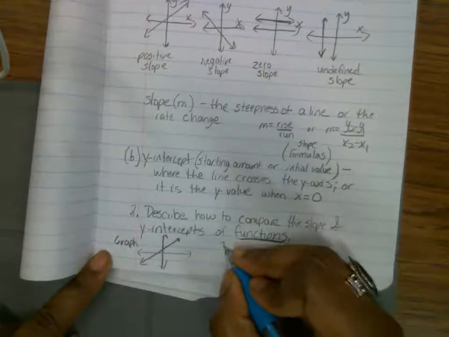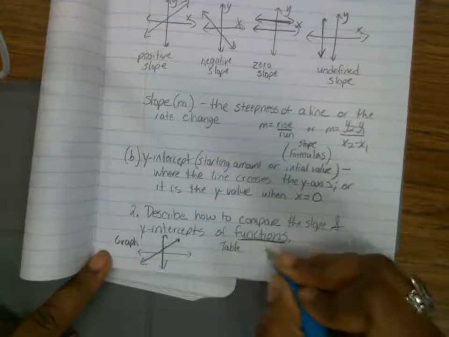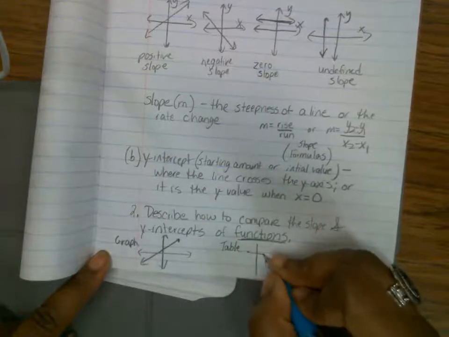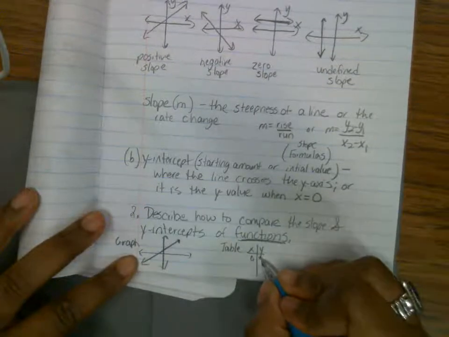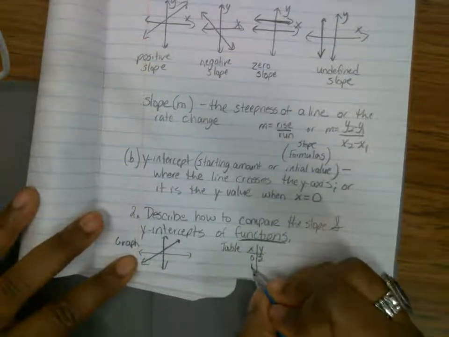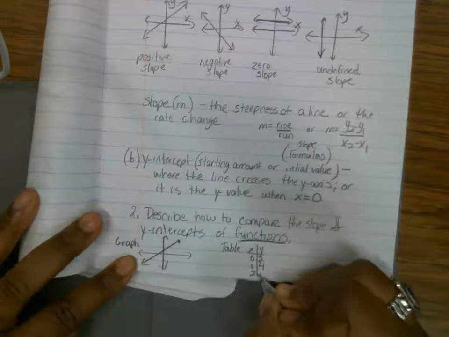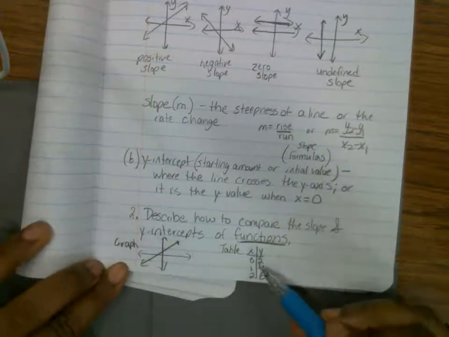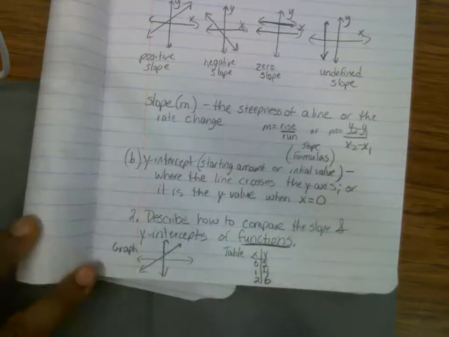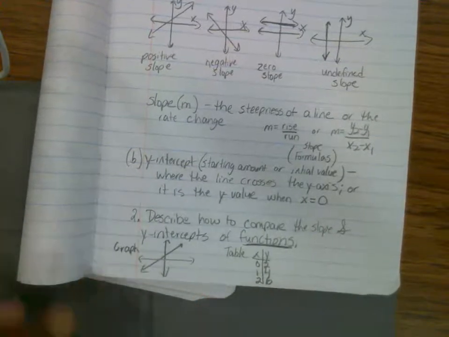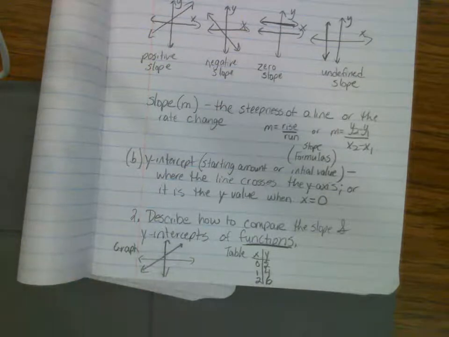You can see a function represented as a table where you have x and y values. Your x and y values could be 0 and 2, 1 and 4, and 2 and 6. It's a function, of course, because none of the x values repeat. The last way to represent a function is an equation.